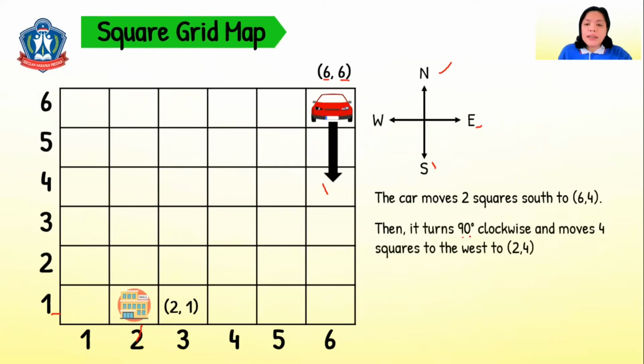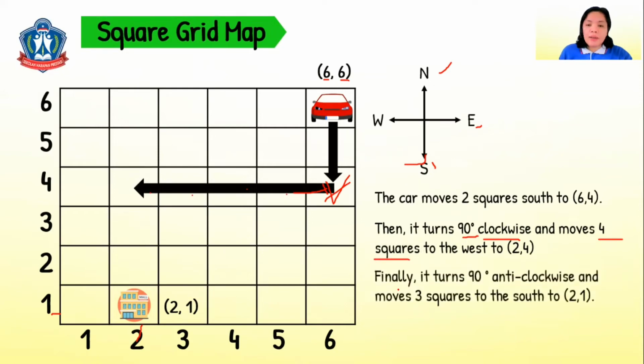Then it turns 90 degrees clockwise. Where is 90 degrees clockwise? Here, right? So it will go here and moves 4 squares to the west. So the car is already in this position. It will move 4 squares. So 1, 2, 3, 4. So that is 4 squares to the west.